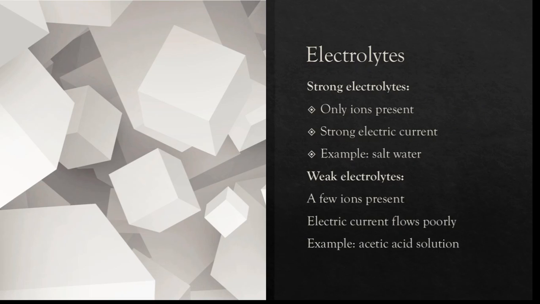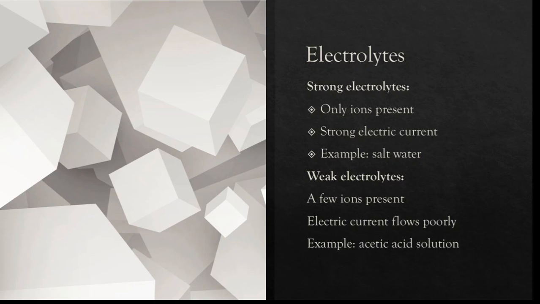So you have strong electrolytes and weak electrolytes. Strong electrolytes have only ions, and they maintain a good, strong electric current. An example of that would be salt water. Weak electrolytes don't have very many ions, and they have very poor current flow, so they're not a really good conductor.